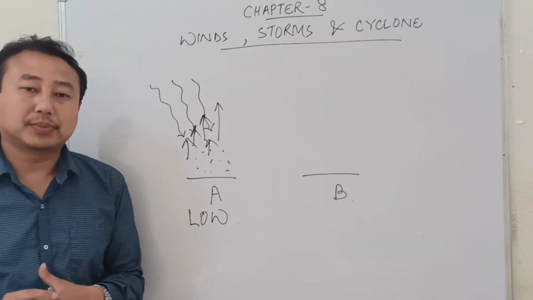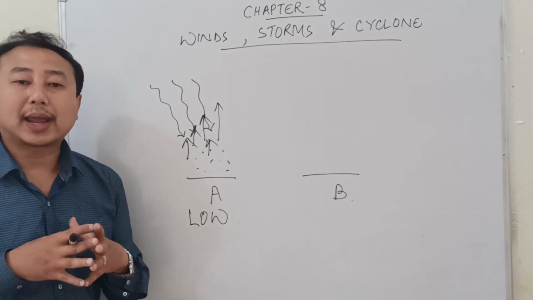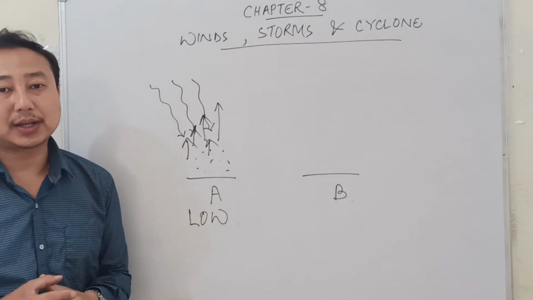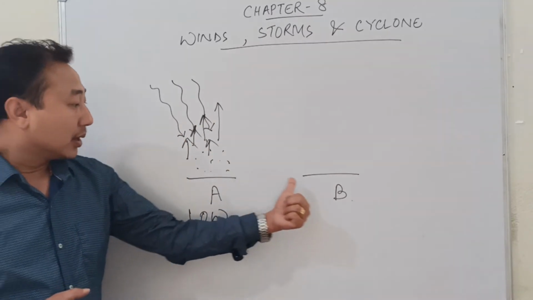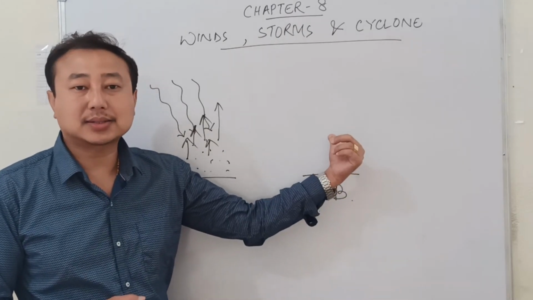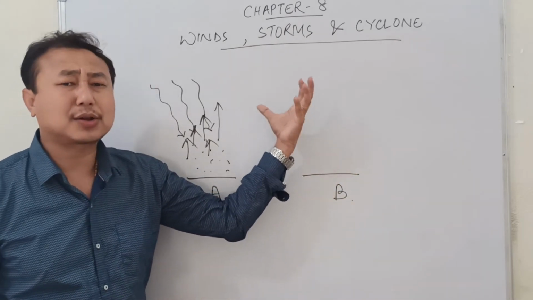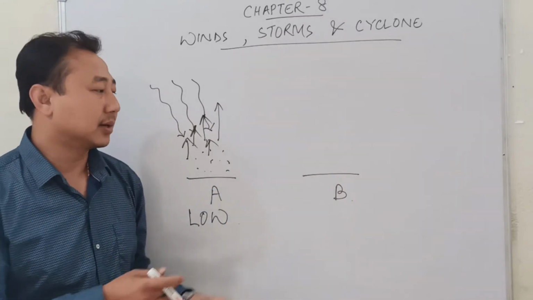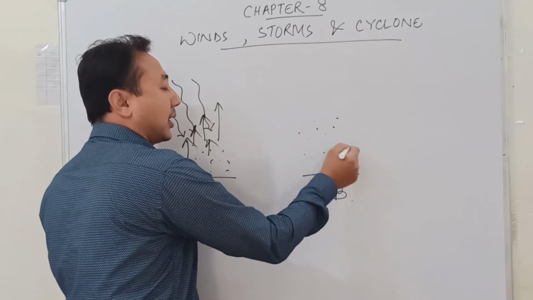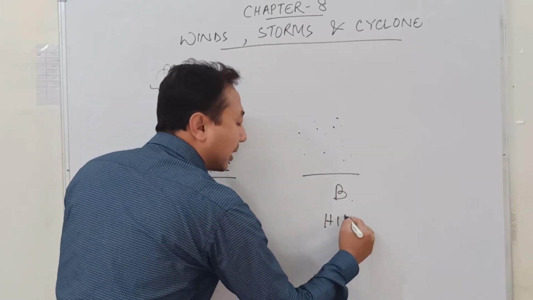A low pressure means there is a lesser amount of air particles. So area B, as it doesn't receive as much sunlight, will have more air particles, and because of that, there will be a high pressure.